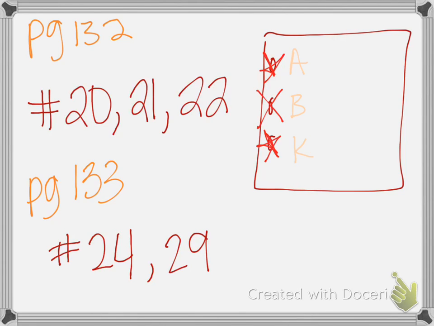So star if it's right, slash or X if it's wrong. That way you know what to bring to small group to let me know quickly which one you missed or which one you had trouble with. So please go ahead and try those, and I will have the answers up for you to grade your work. Please be honest. Thank you.